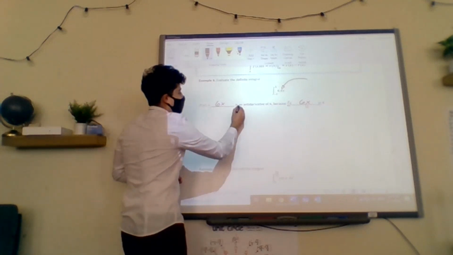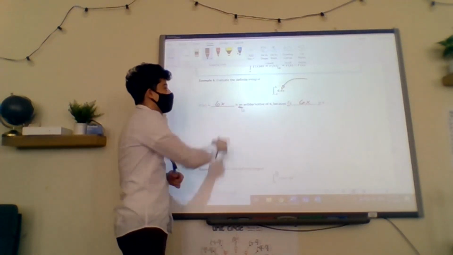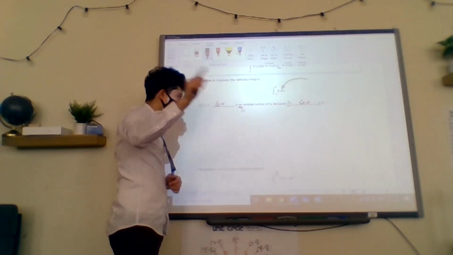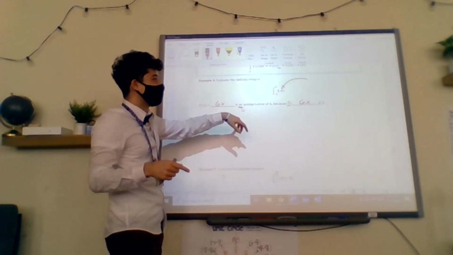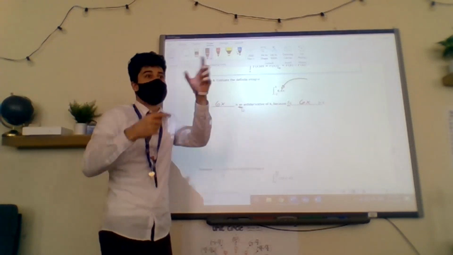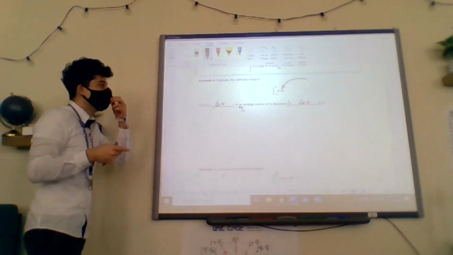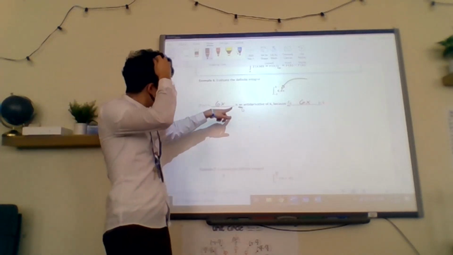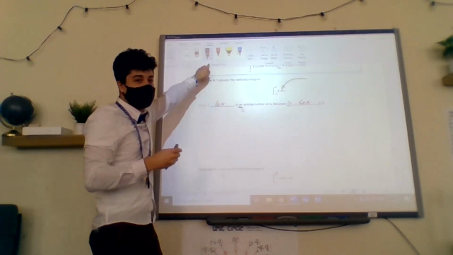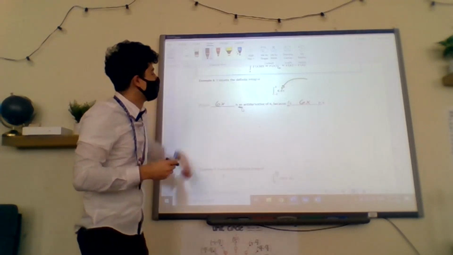That's why it says 6x is an antiderivative, not the antiderivative. That is really good thinking, though. So let me say something about that once we plug in some stuff, because you'll see we get the same answer no matter which antiderivative we use. Good job, Theo. Okay. So here's our antiderivative according to the second part of the fundamental theorem.